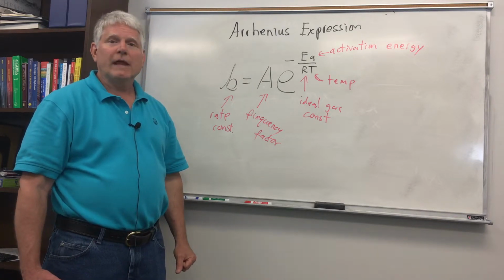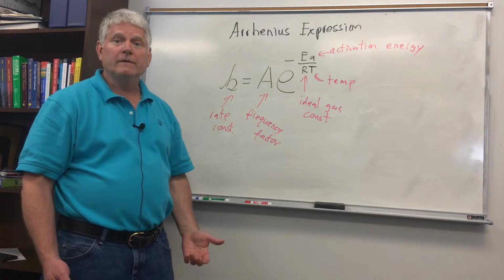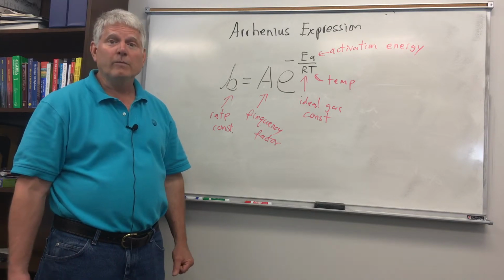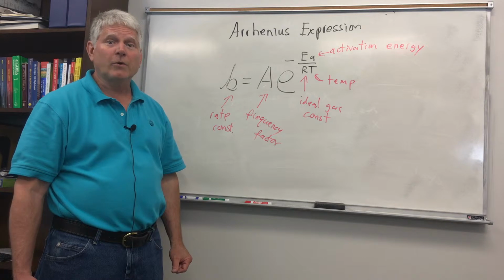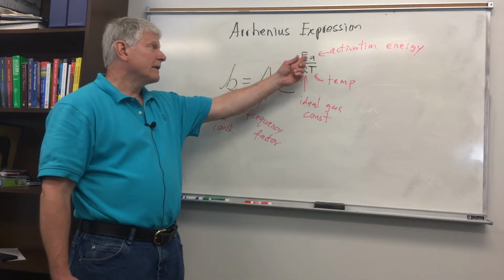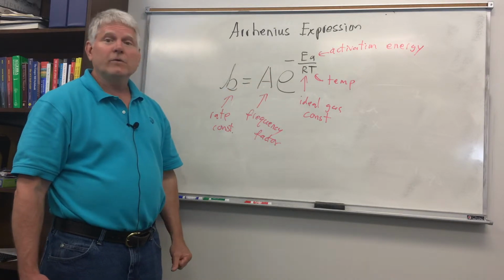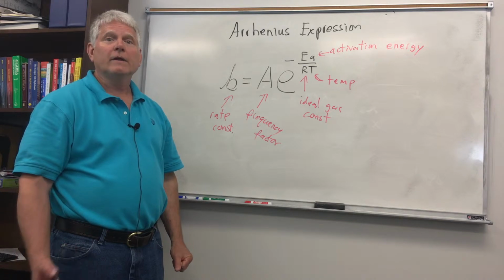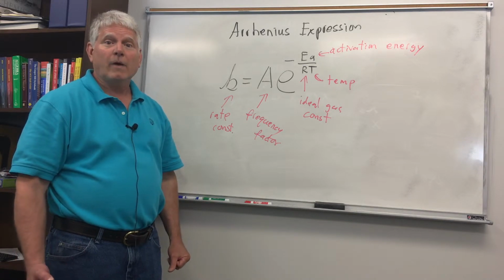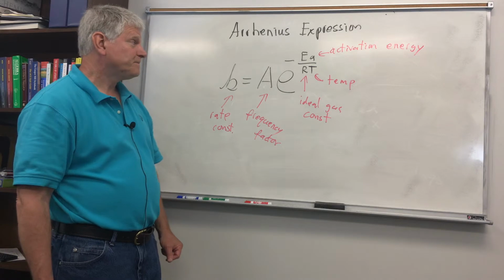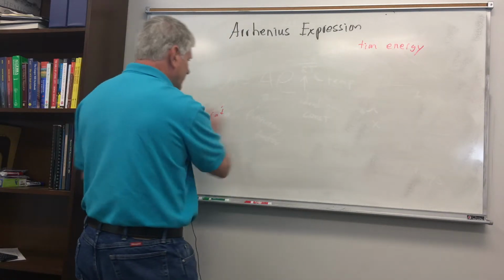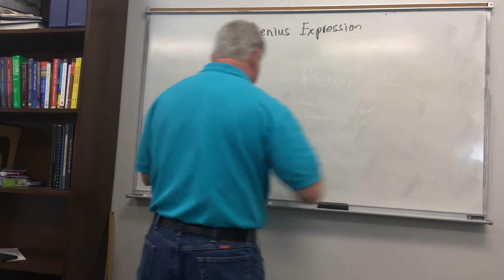In chemical reactions, we break bonds and then reform new bonds, and it takes energy to break bonds. So this activation energy has to do with how much energy is required to start the bond breaking process. Let's look at the activation energy in a little more detail.